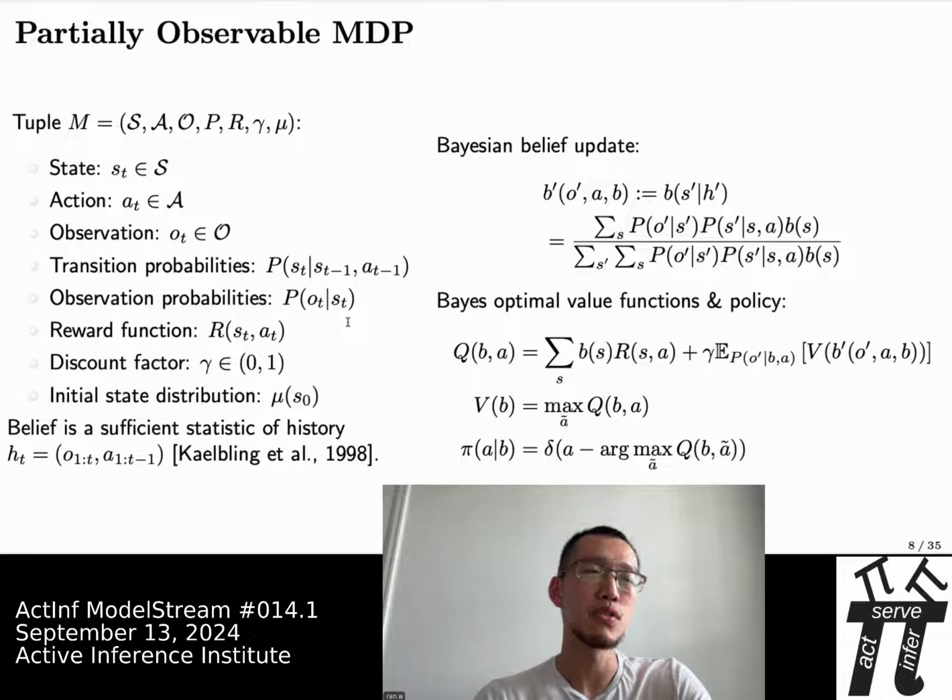But because the agent can no longer observe the state, if you condition your policy only on the most recent observation, you don't really have sufficient information for taking optimal actions. So in general, for POMDPs, the optimal policy has to be conditioned on the entire history, which as it accumulates can tend to an infinite length.